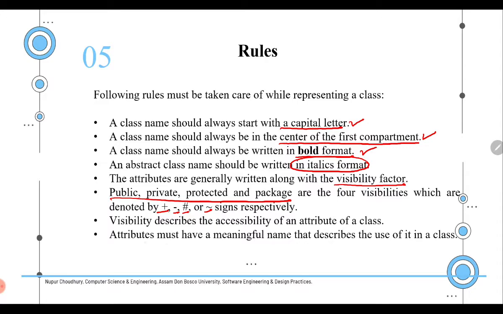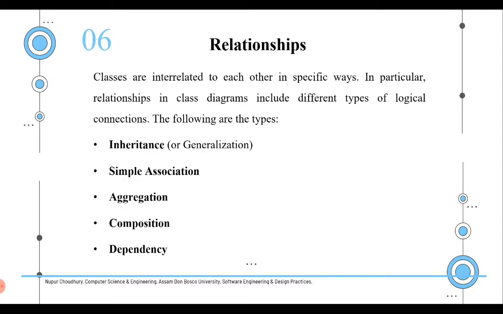The attributes must have a meaningful name that describes the use of it in a class. Now, simply having an attribute like ABC or let's say PQR will not help. We have to keep a meaningful name associated with that attribute. Now, let's say there are several classes in a particular system.